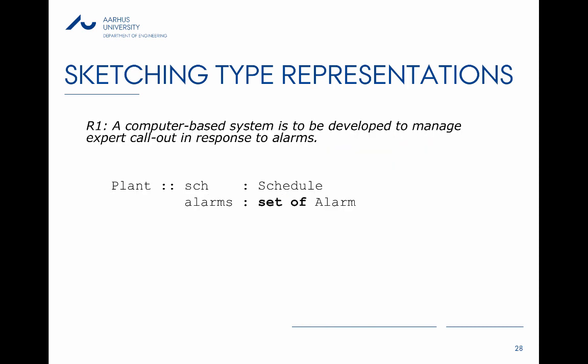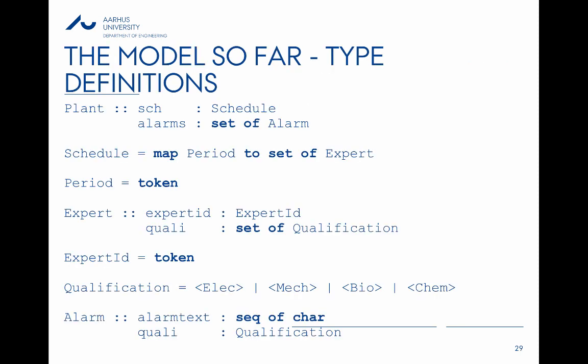So when we sketch out these type representations for the entire plant, R1 says the computer-based system should be able to manage an expert call out in response to alarms. I think I both need a schedule and a set of alarms that could appear in my plant. So far, the type definitions we have made include, from the top, the plant, which should have a schedule and a set of alarms.